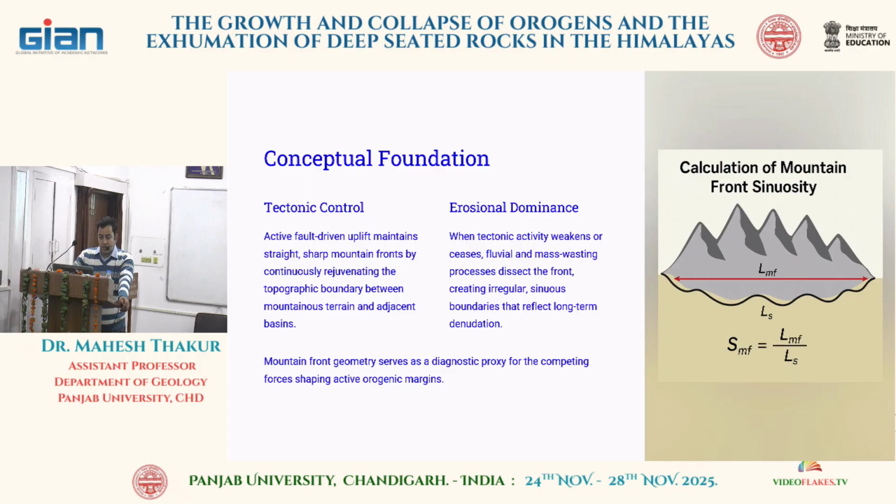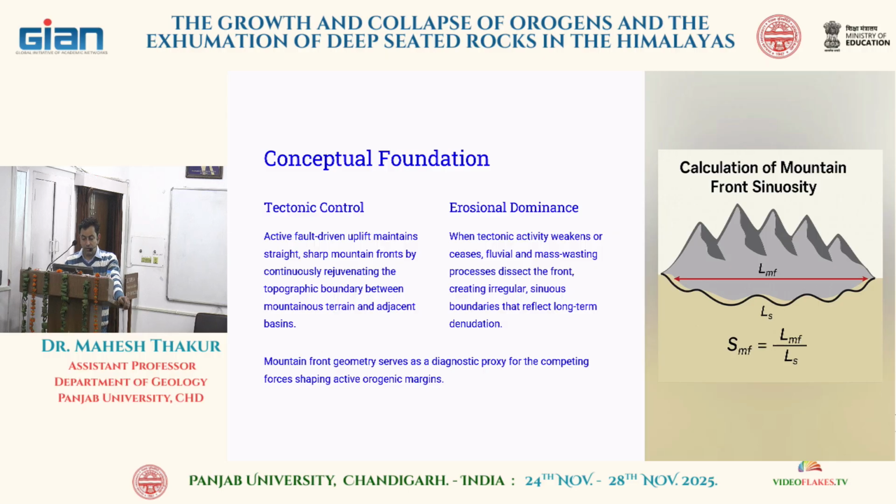When erosional dominance increases, fluvial and mass wasting processes dissect the front, creating irregular sinuous boundaries that reflect long-term denudation. So mountain front geometry serves as a diagnostic proxy for competing forces shaping active orogenic margins.